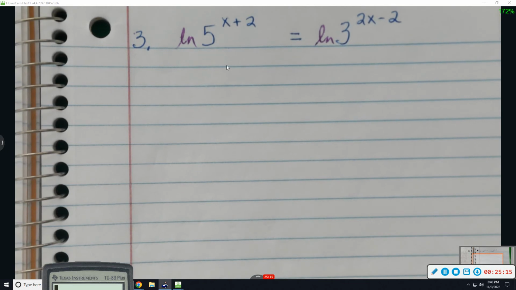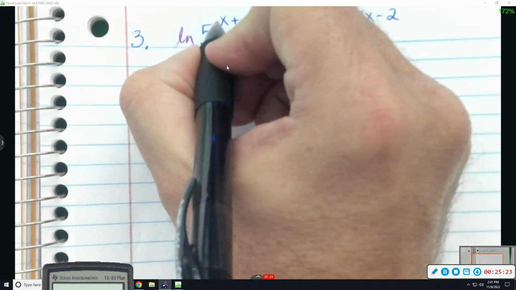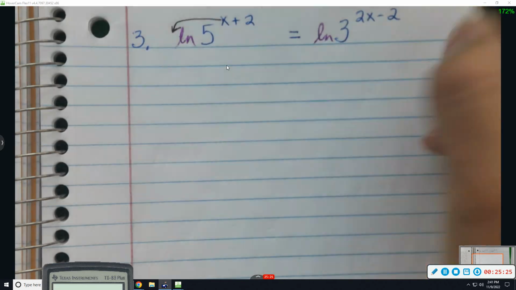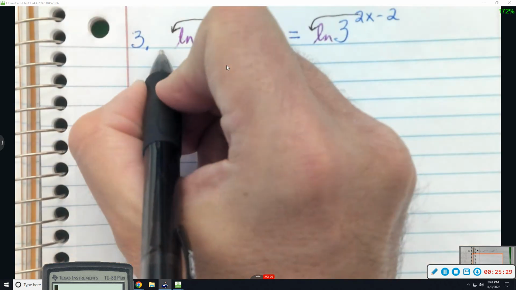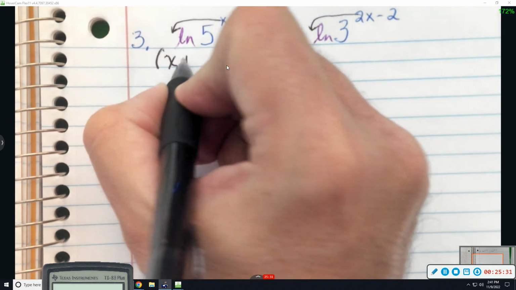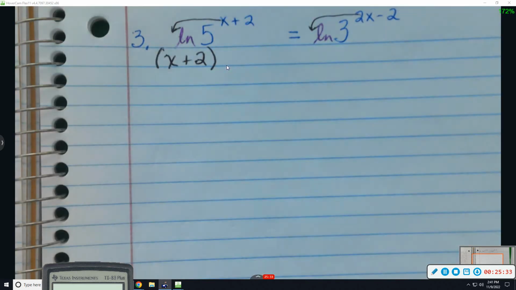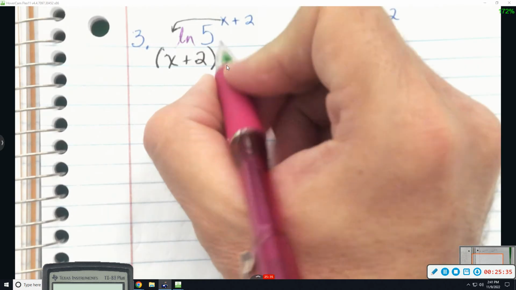So stick ln in front of each side. Now carry down the exponent. So the x plus 2 goes in front of the letter L. The 2x minus 2 goes in front of the letter L. But both of those have to be multiplied by the ln 5.